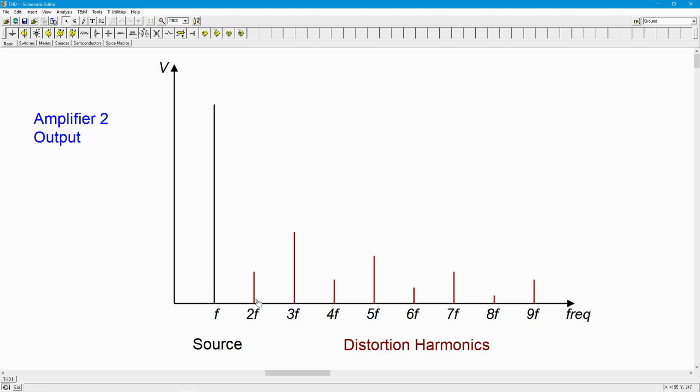F is 10 kilohertz, so 2F is 20 kilohertz, 3F is 30 kilohertz, 40 kilohertz, 50 kilohertz. These are all tones that are outside of normal human hearing range. Even 20 kilohertz, unless you're a young person with good hearing, you probably can't hear. So what does it even mean? It's kind of a useless measurement in that regard.